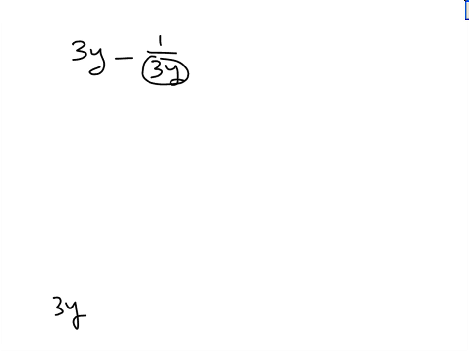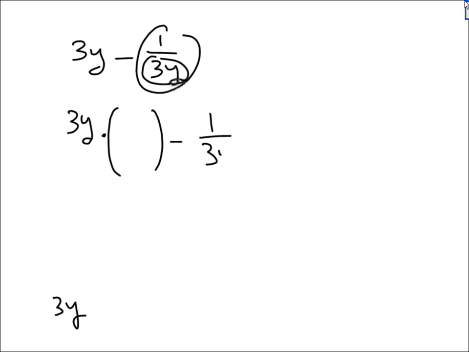So I want to take the first fraction and get it to have a 3y in the bottom. Since it does not, I need to multiply by 1. I want that second fraction to have a 3y in the bottom. But it does. You don't have to do anything to the second fraction.